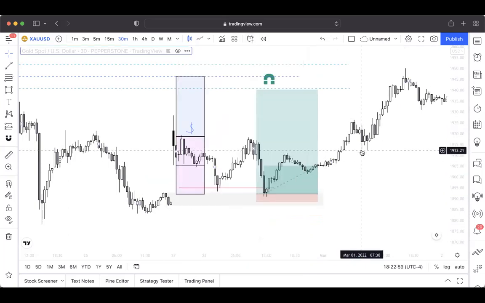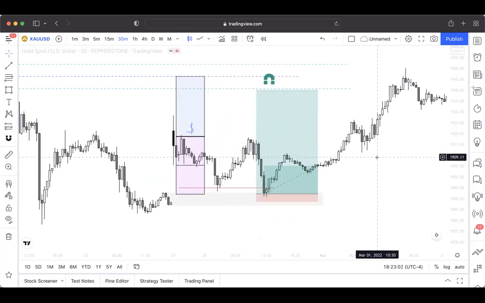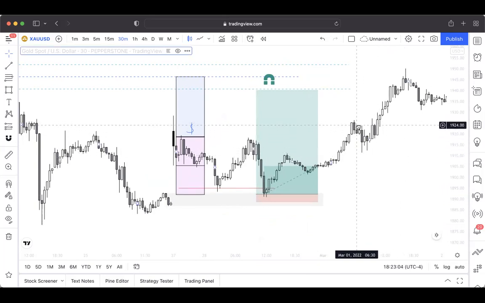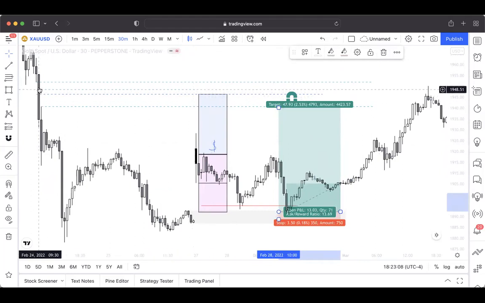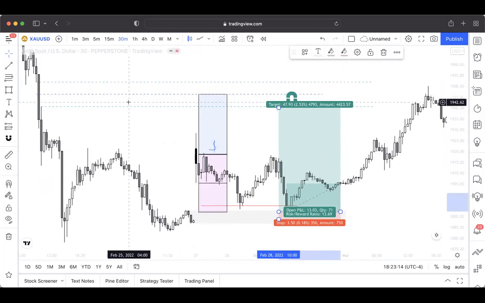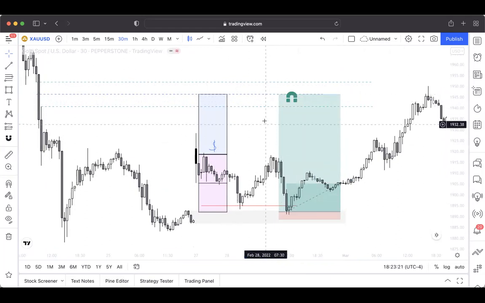It's never different, so I never had problems with the 35 pip stop loss. Then you can use your target, the fair value gap, where the middle of it is aligning with the consequent encroachment right there. So yeah, this was the main idea behind it.